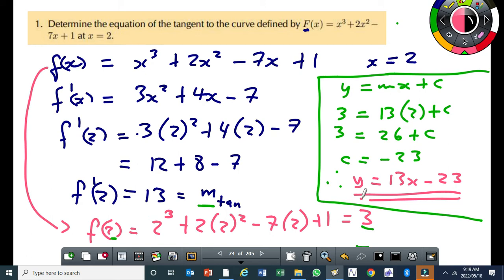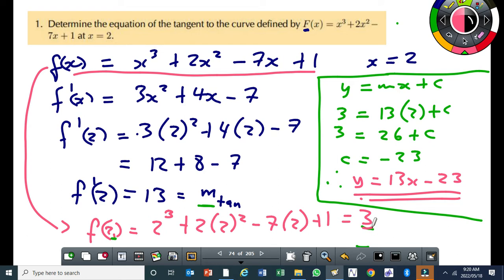So if you did the homework, if you used a different way, but you got to y equal to 13x minus 23, then that's fine. Where did you get the 3? The 3 is a y value. I substitute x equal to 2 into the original equation. Then I simplify and I got y equal to 3.